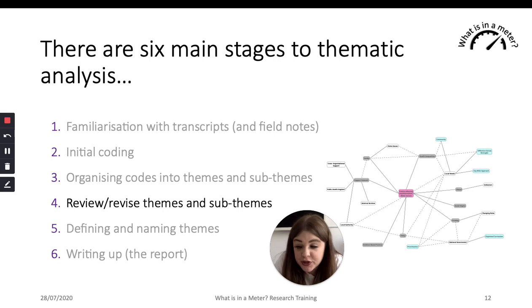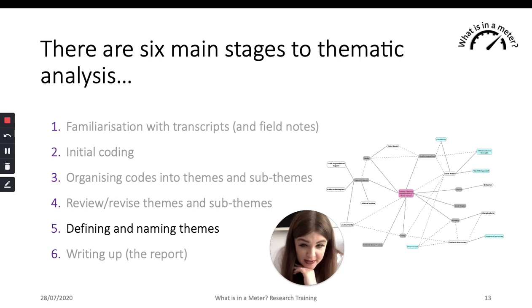So this stage of organising the codes into themes is again very iterative, and the themes and sub-themes that are being proposed initially can be reviewed and revised during data collection in order to come up with a definitive list of themes and sub-themes that are relevant and that are the best fit to organise and interpret your findings.